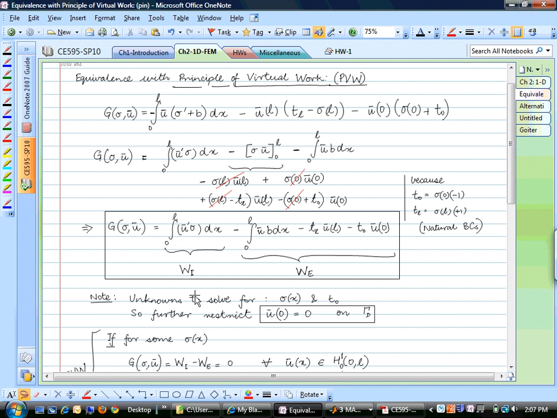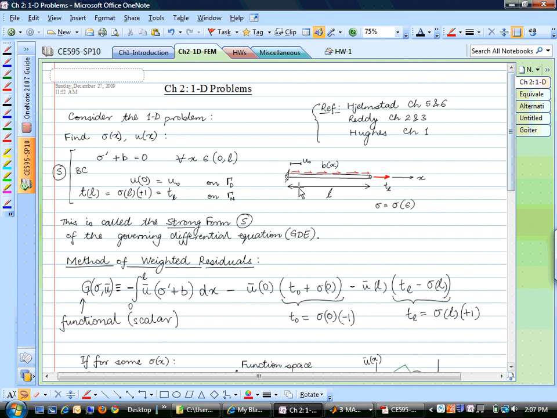So in this equation now, the unknowns that we have to still solve for are the stress sigma, and now there is also this unknown traction at 0, because what we are trying to solve is this problem. We know the traction at L, but we don't know the traction at 0.